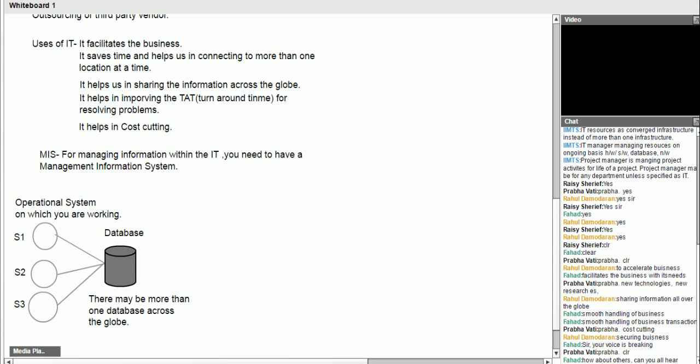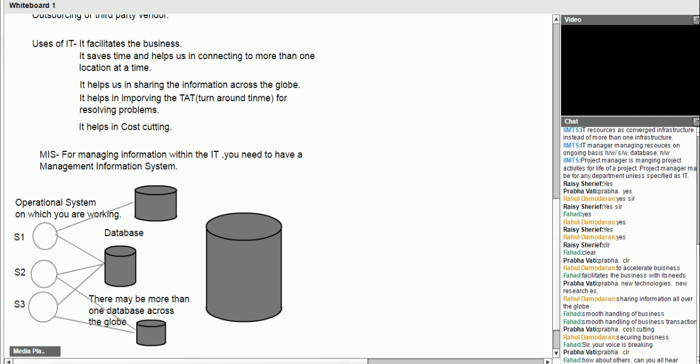Now, since there are more databases, say one database is here, say one database is here. Further from these databases, the data is getting stored into a data warehouse.